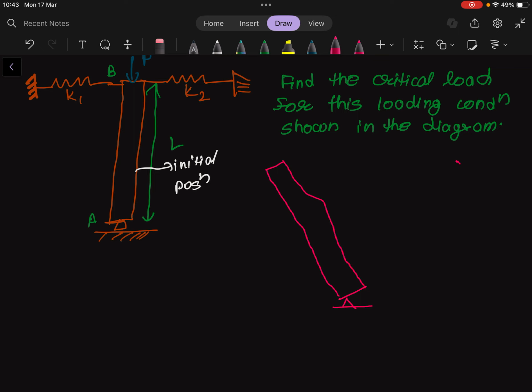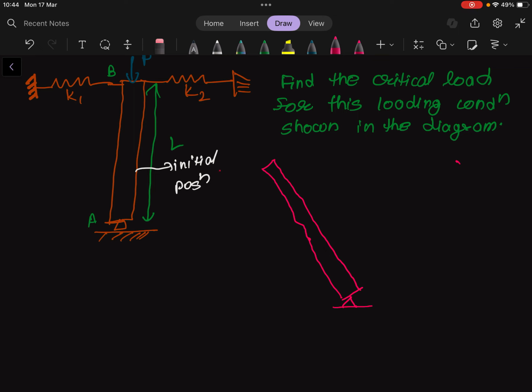Let me make it more straight. So this is our condition.